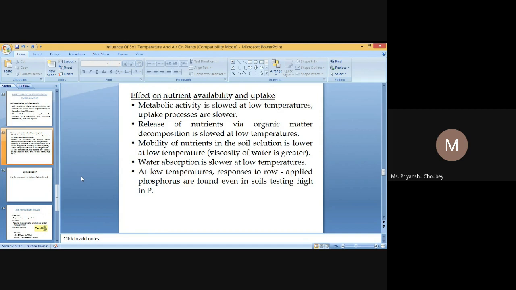Nutrient availability in the soil: nutrient elements exist in different chemical forms. For example, a cationic nutrient exists in the forms, namely water soluble, exchangeable, organically bound, and precipitated as the structural compounds of primary and secondary minerals.